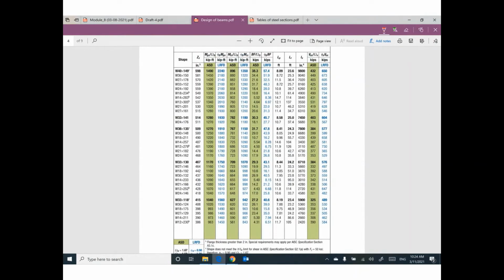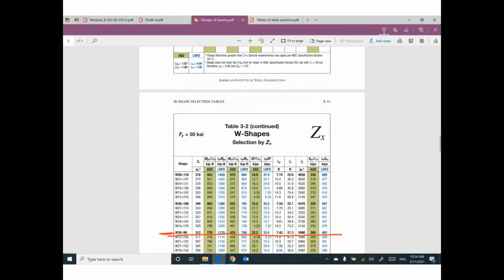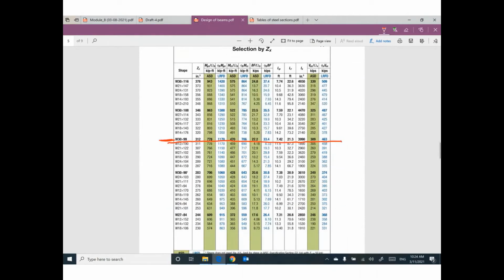Probably we can choose. I'm trying to choose a more efficient one.